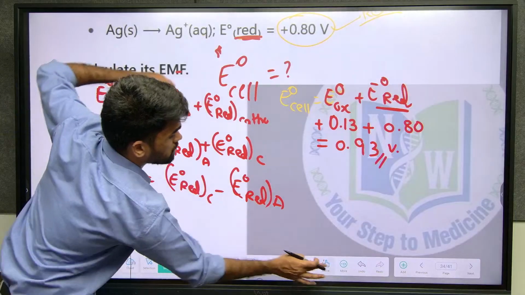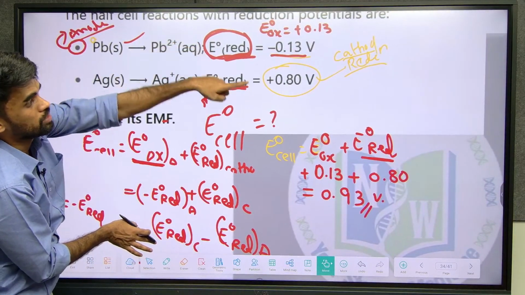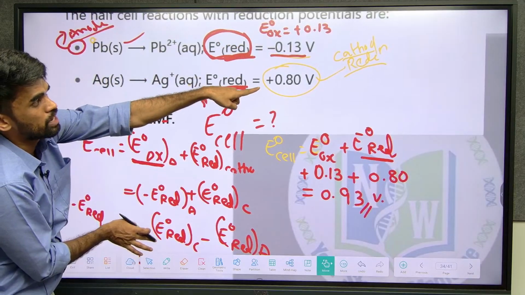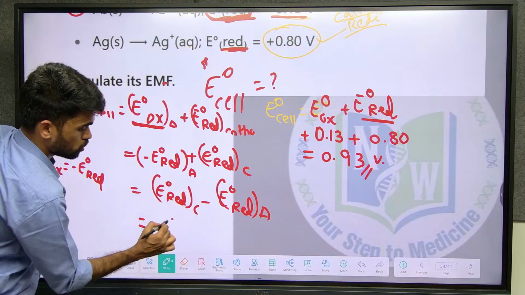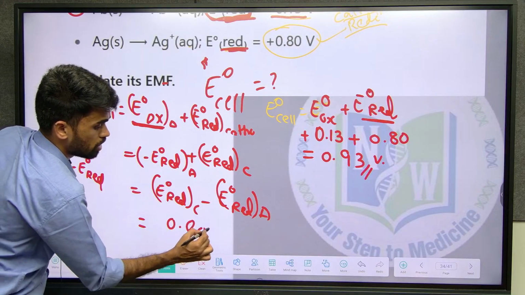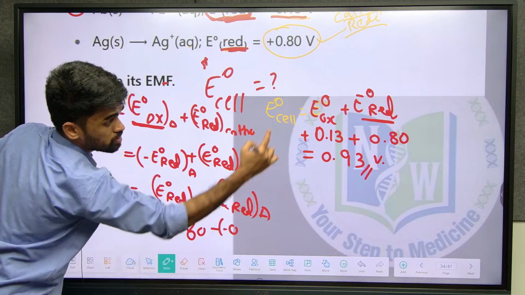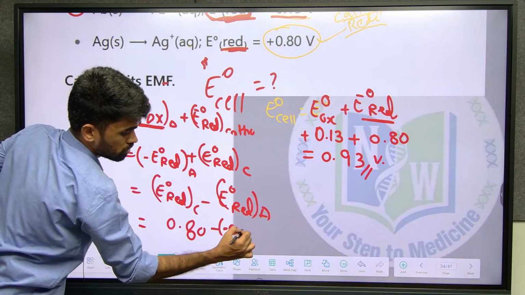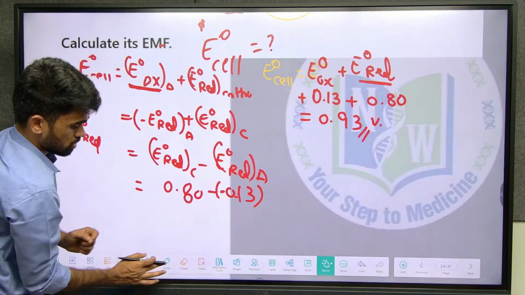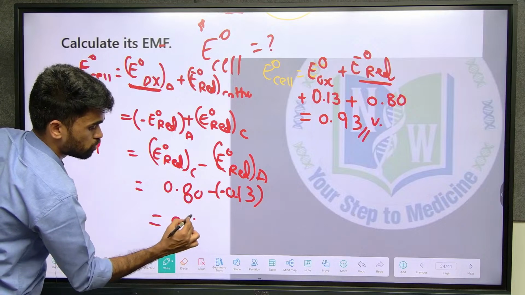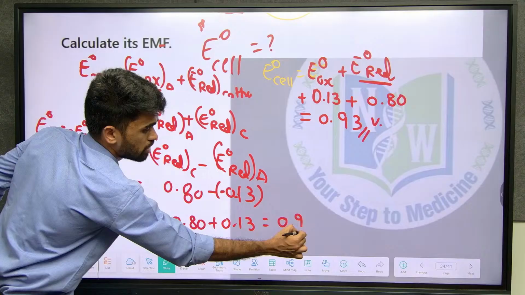At the cathode, which reaction takes place out of these two, this one or that one? The one with more reduction potential, that you take: 0.80. At the anode, minus 0.13. Minus of minus, so you get the same answer: 0.80 plus 0.13 is 0.93.